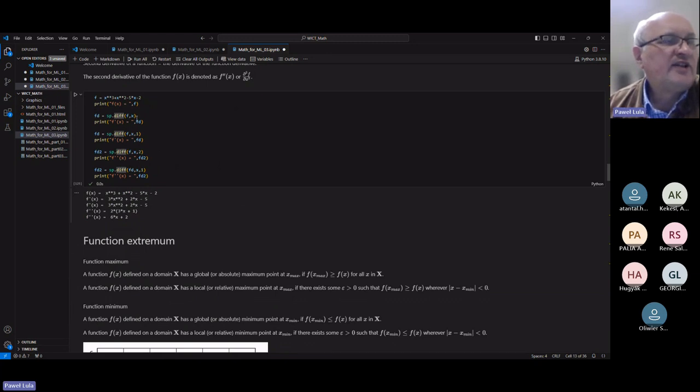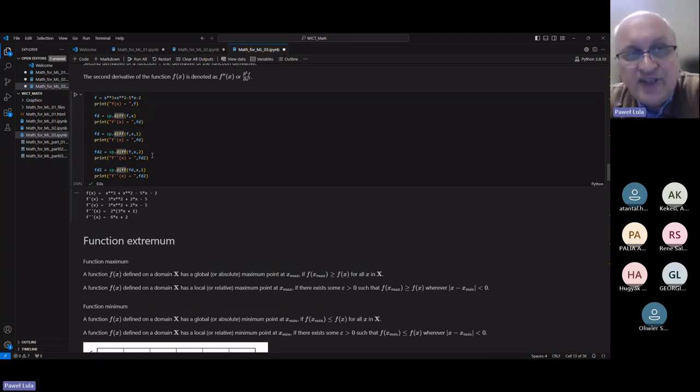Here I added this third parameter equal to 1, and here I said that it is the first derivative. And the result, of course, is the same. So derivative or the first derivative means the same.